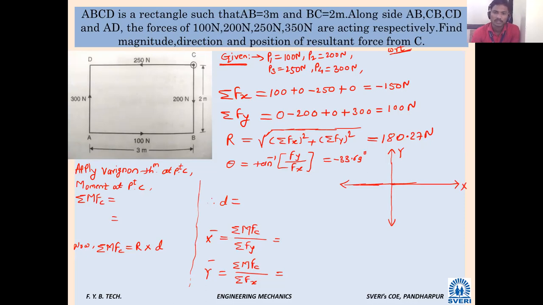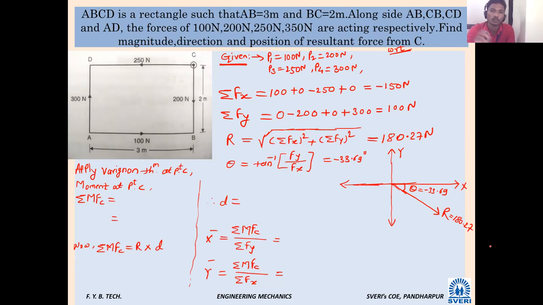Up to this, regular calculation of R and theta. So here, if I show minus, does it mean clockwise or anti-clockwise? Clockwise. R is equal to 180.27 and theta is equal to minus 33.69. Like this you can show.